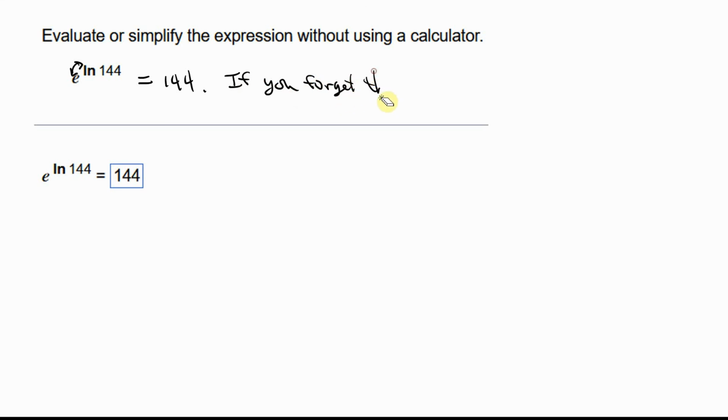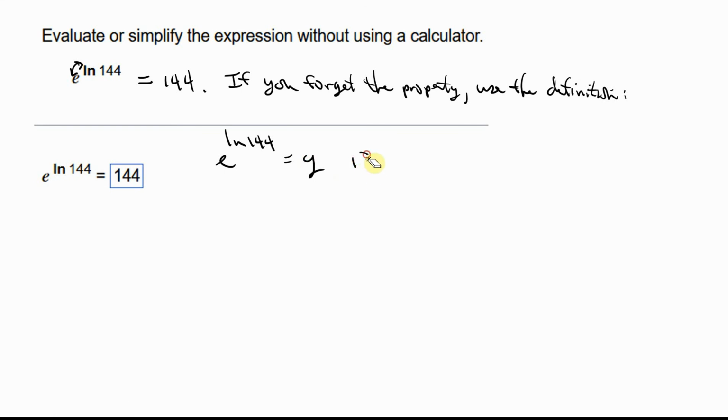If you forget the property, always use the definition. So this is e raised to the natural log of 144. We set that equal to y.